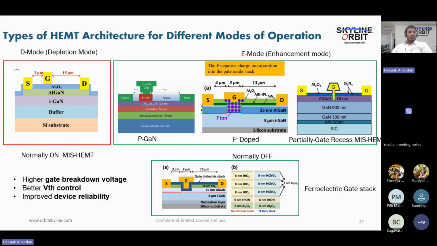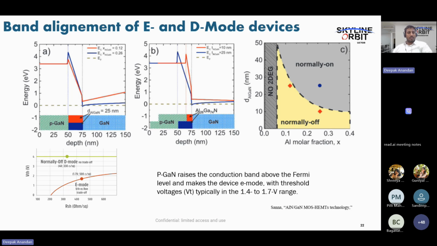Okay, so if you take this structure, I'm going to discuss integrating the P GaN layer on top of the HEMT structure so that it will help us avoid the normally on condition and turn the device normally off. Here there are two different constraints. One is you need to control the aluminum mole fraction as well as the thickness of the barrier layer.